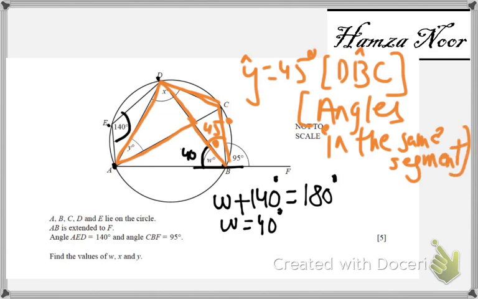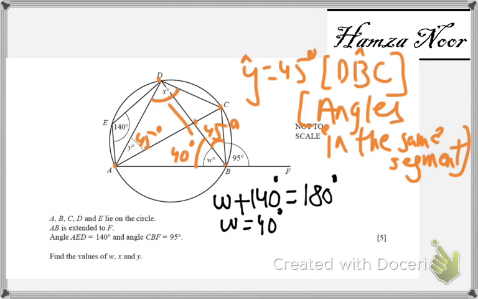Now let's find the value of X. If you see this figure D, A, B, and C is again a cyclic quadrilateral, so angle X plus angle W plus 45 will be equal to 180, because they are the opposite angles in a cyclic quadrilateral as they are supplementary.